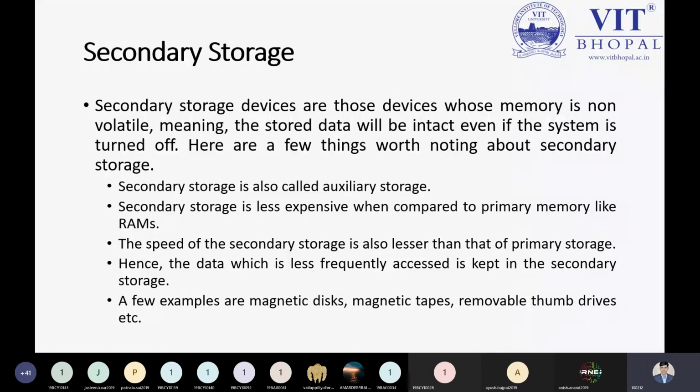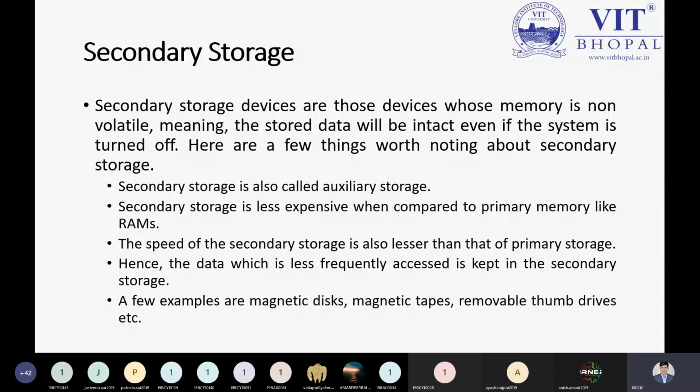Now, secondary storage is very less expensive compared to primary memory like RAM. Very truly speaking, if you look for RAM, it could be around 2,000 or 4,000 rupees, depending on the size you want. For 8 GB or 16 GB RAM, you have to pay approximately 3 to 4,000 or maybe 5,000, depending on the company.